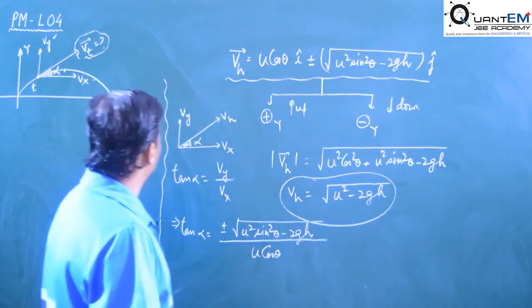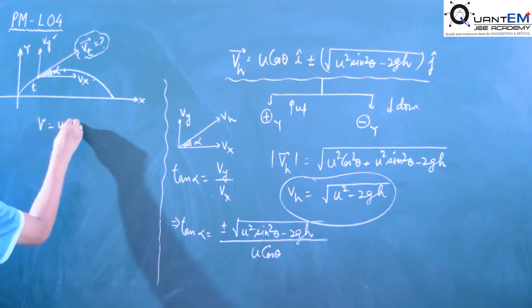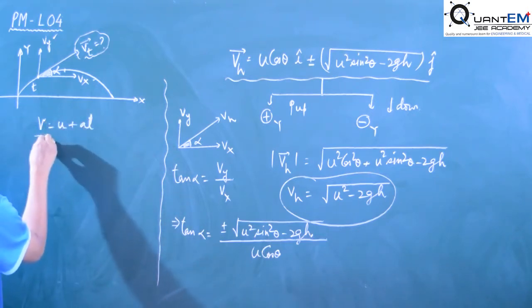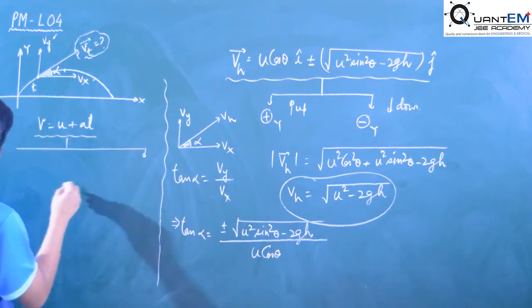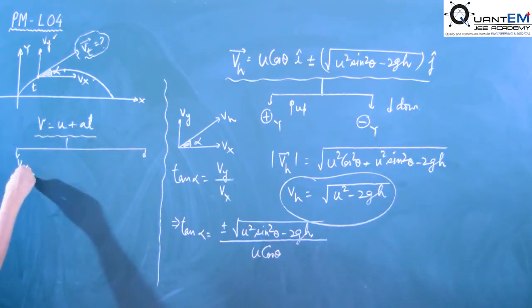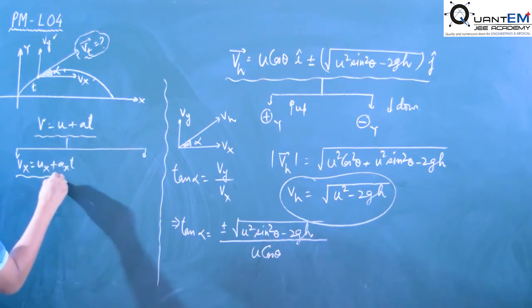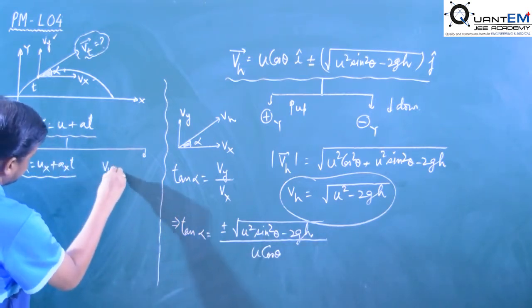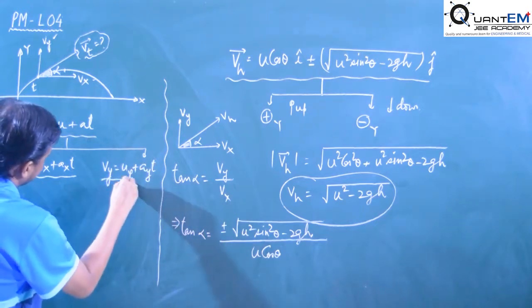v is equal to u plus at. Okay, we have to use the formula v is equal to u plus at. Motion is in 2 dimensions, that's why we divide the formula into 2 coordinates. One is ux plus axt and the other will be uy plus ayt.